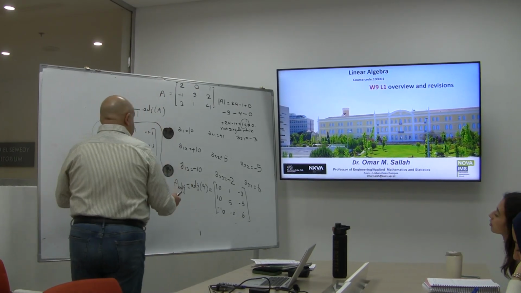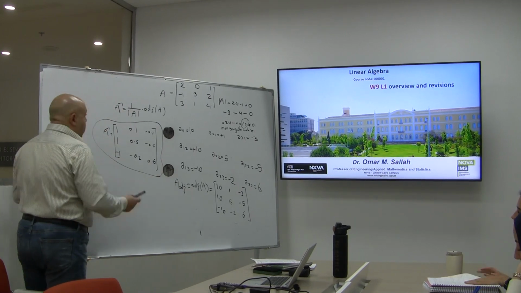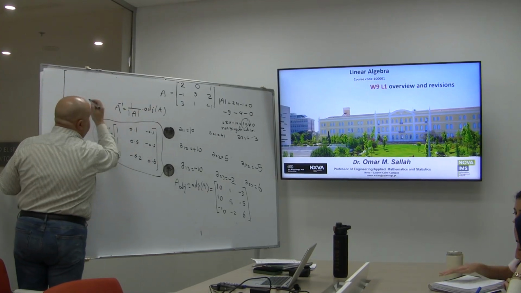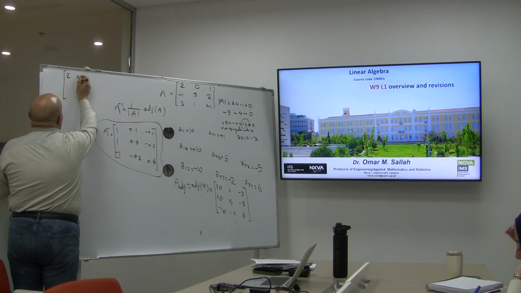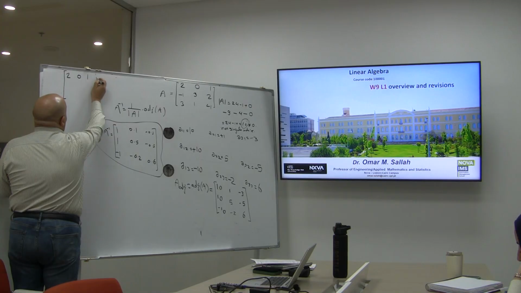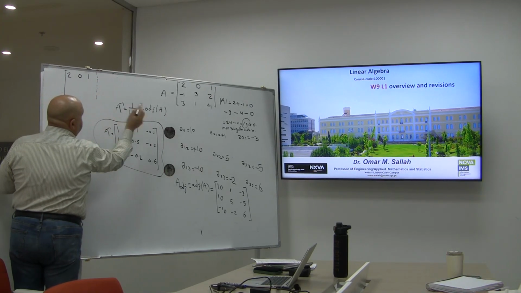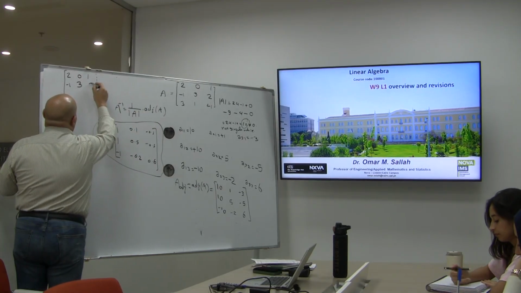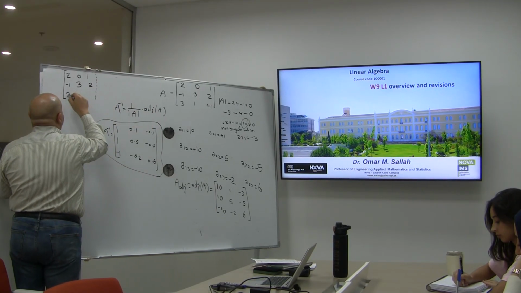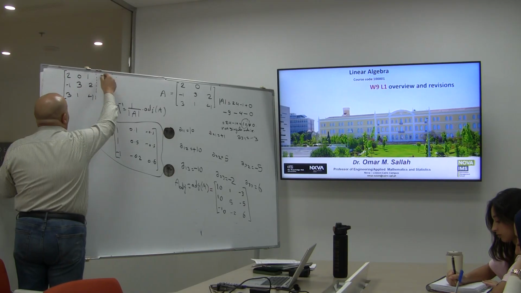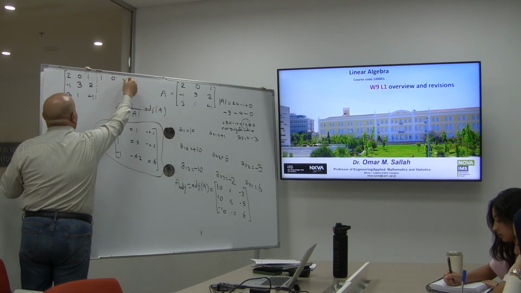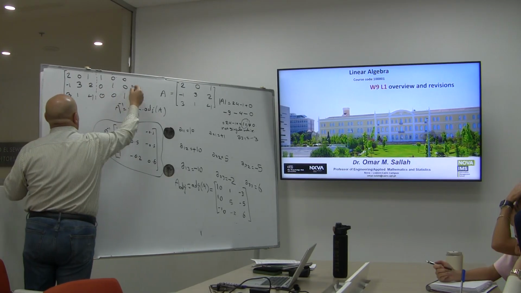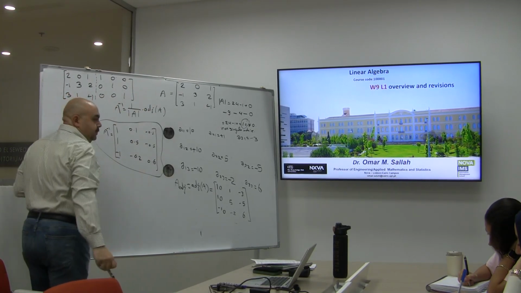If I want to solve this problem using Gauss, I would write the matrix, which is simply 2, 0, 1, and negative 1, 3, and 2, then 3, 1, and 4. And I will write here 1, 0, 0, 0, 1, 0, 0, 0, 1, and that's a unit matrix.